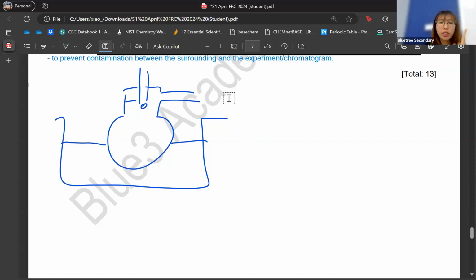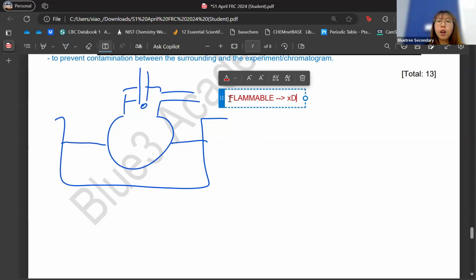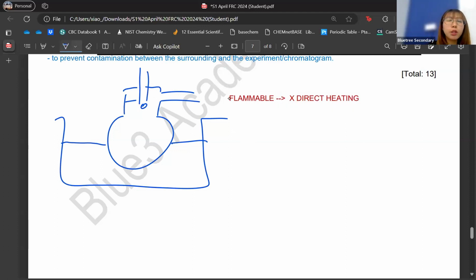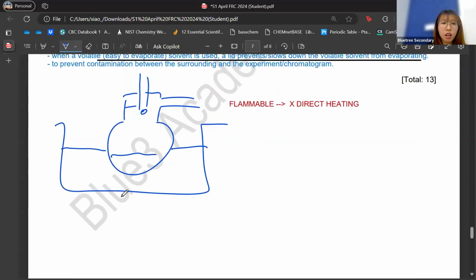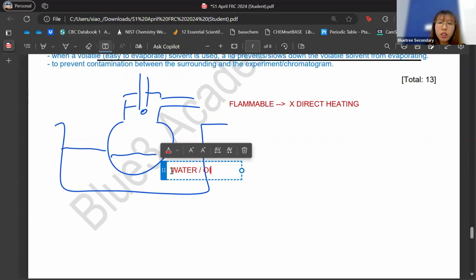The one rule is that if your substance is flammable, you do not perform direct heating. No direct heating means you do not put the fire directly above or below the flammable substance. So what do we need? We need a middleman. Your middleman can be either water, oil, or sand. This is what we call a water bath, oil bath, or sand bath.